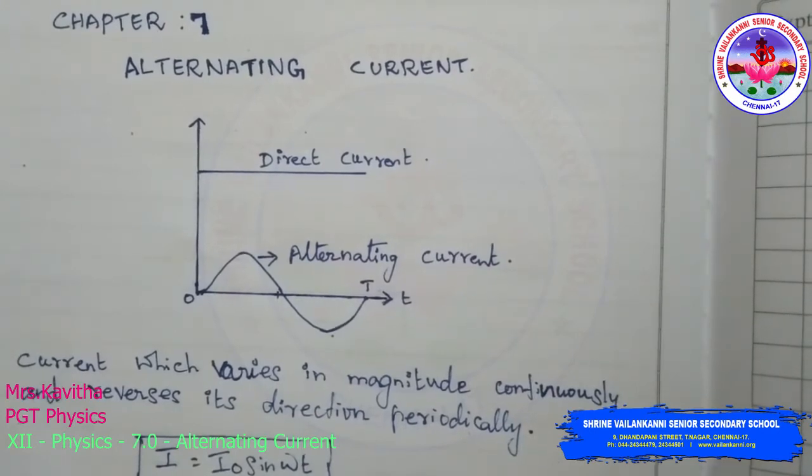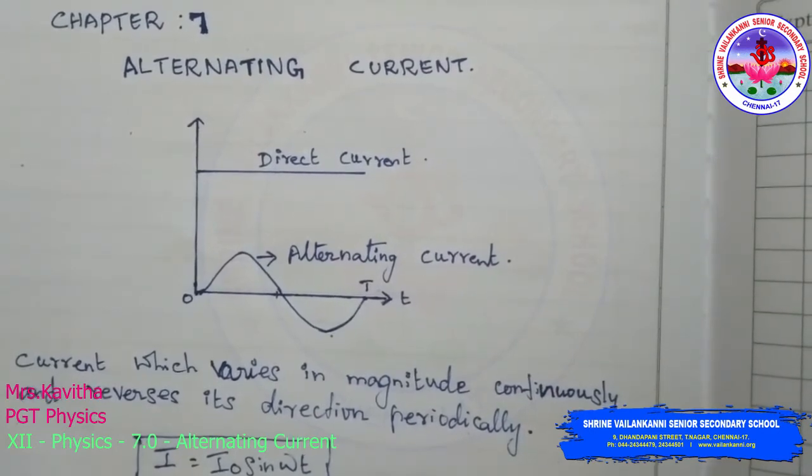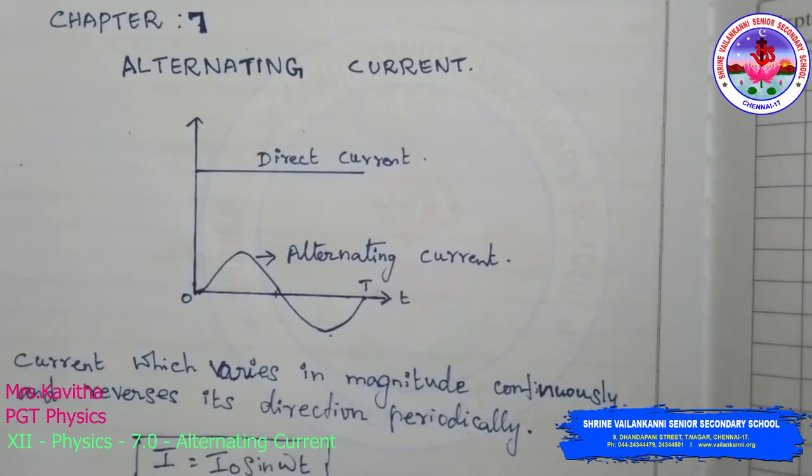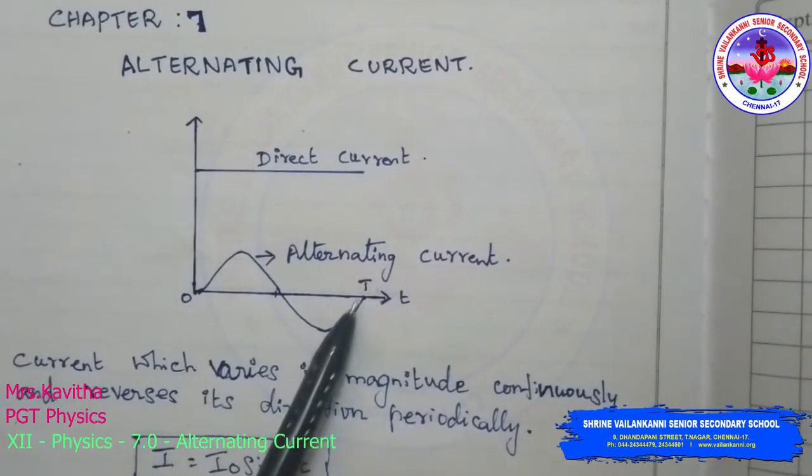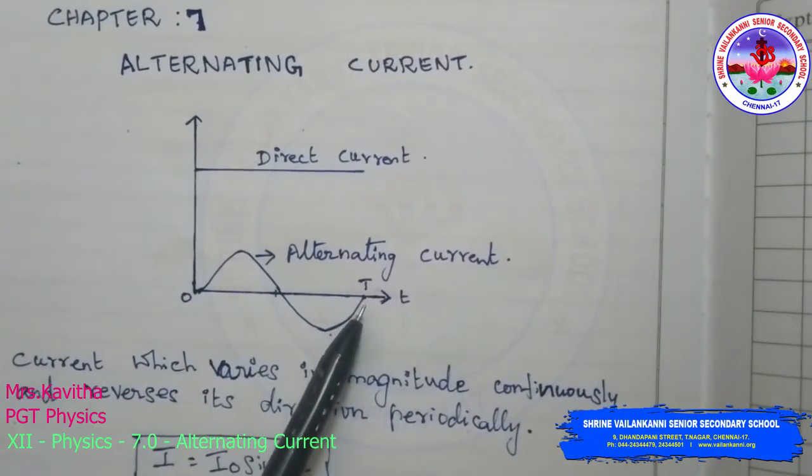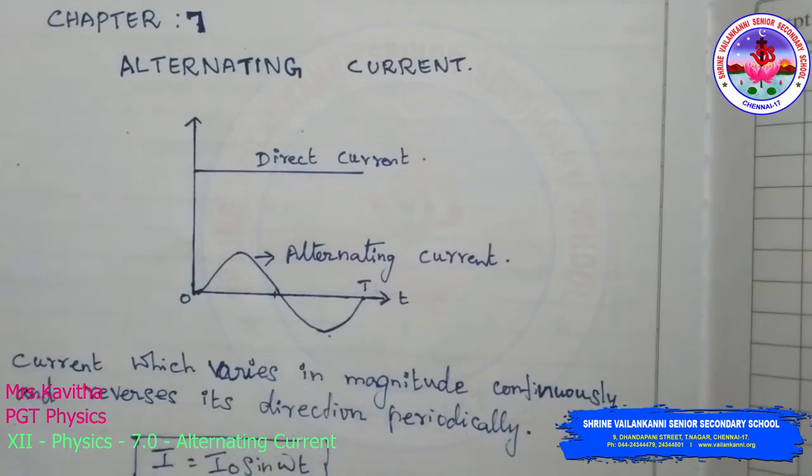The electric mains supply in our homes, offices and school has a voltage that varies like a sine function with time, as you are seeing in this diagram. So the direction changes.